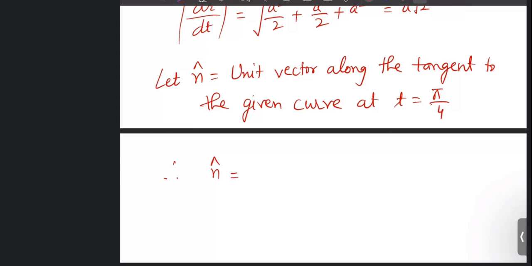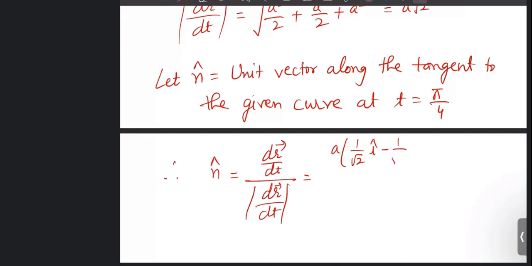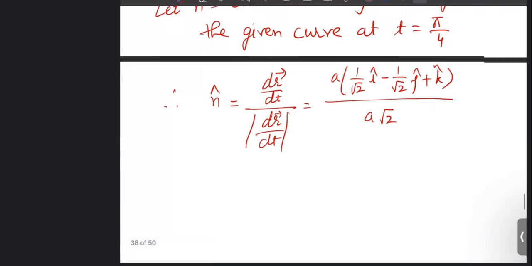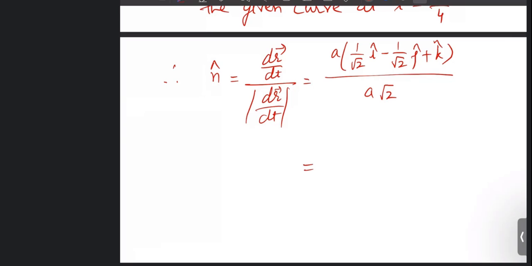Therefore, unit vector n is equal to dr/dt divided by its magnitude, that is a(1/√2 i − 1/√2 j + k) divided by a√2. The a will be cancelled, and simply it is i/2 − j/2 + k/√2. This will be the unit vector.